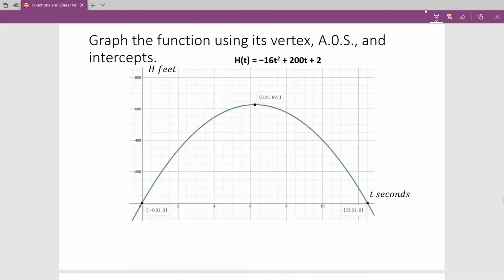Now we put in the vertex: at 6.25 seconds, it reaches a height of 627 feet, and it hits the ground in 12.51 seconds. The other zero is very close to 0, but it really doesn't have any reality in this particular situation because we're talking about t more than 0.